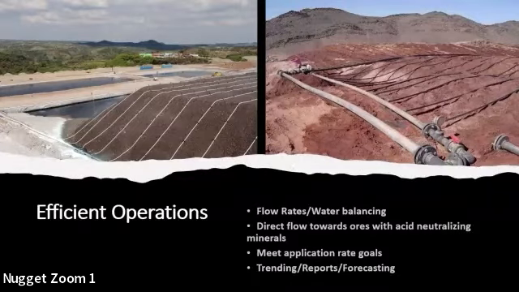So your water balancers aren't chasing their tails, adjusting flows here, then adjusting flows there, and by the time they're at the end, they have to go all the way back to the beginning again and do that all over. So that's one of the key things, is keeping things efficient.